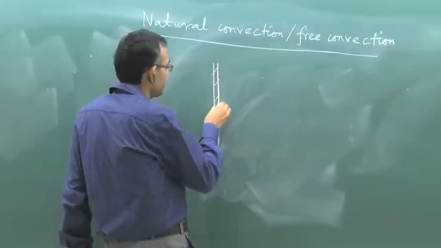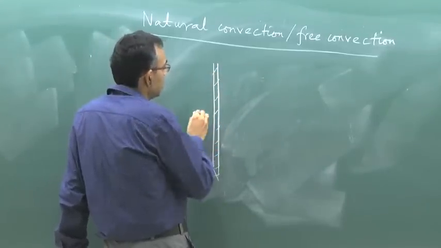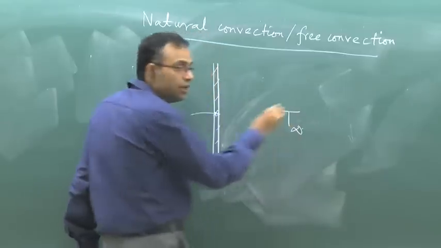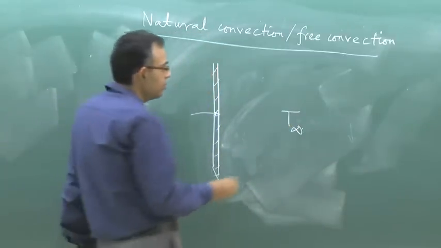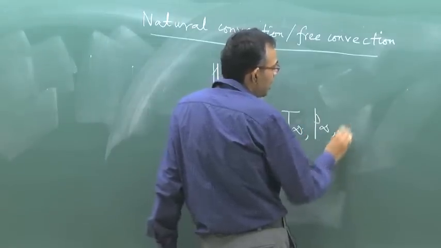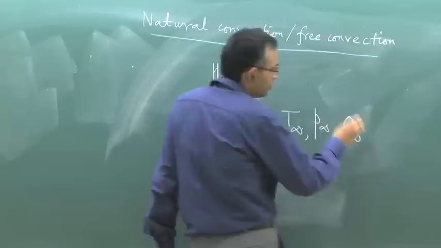Let us say that the ambient temperature is T infinity, the ambient pressure is P infinity, and the density is rho infinity.